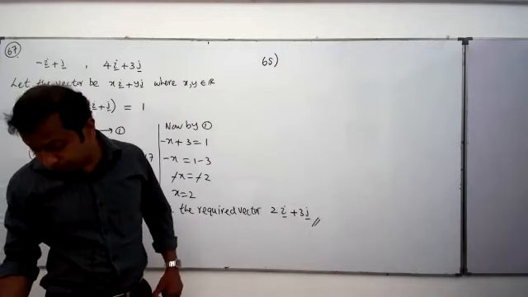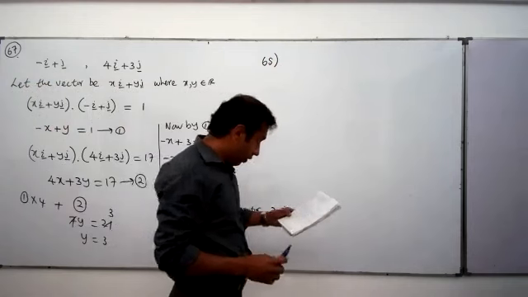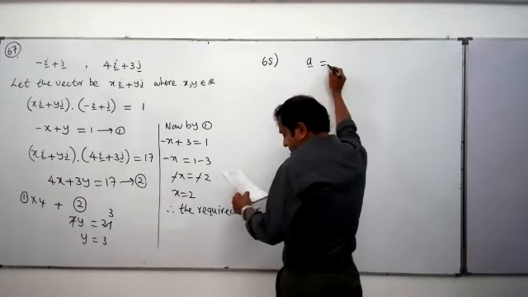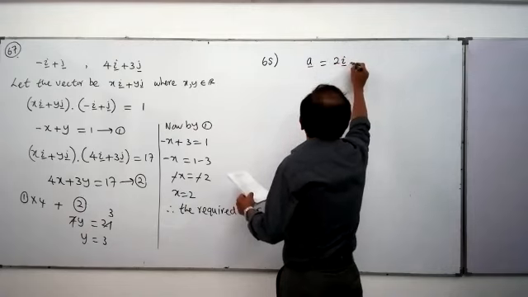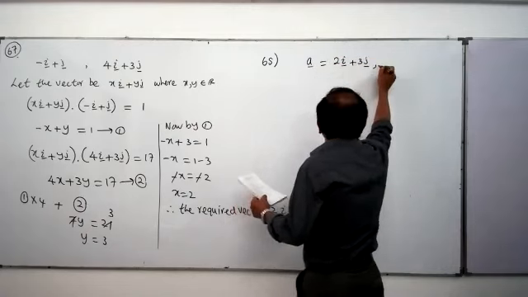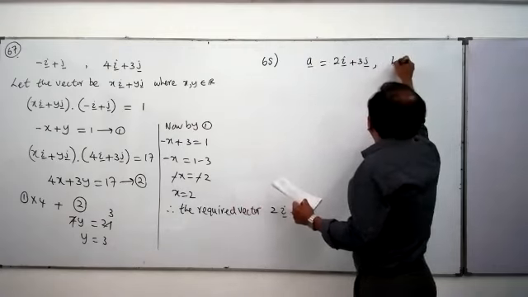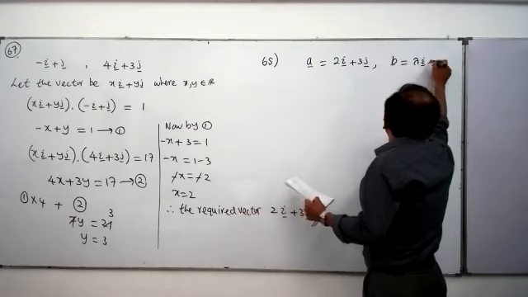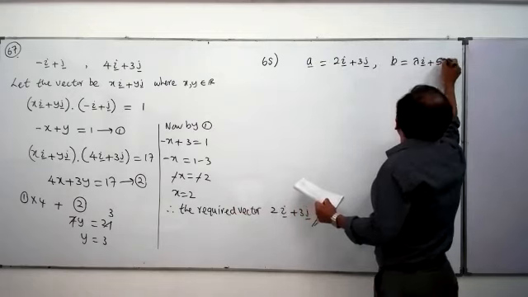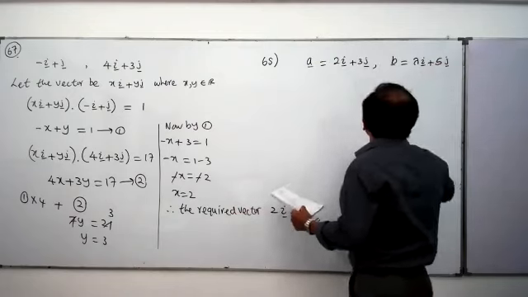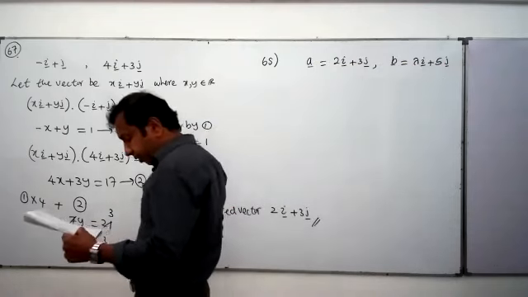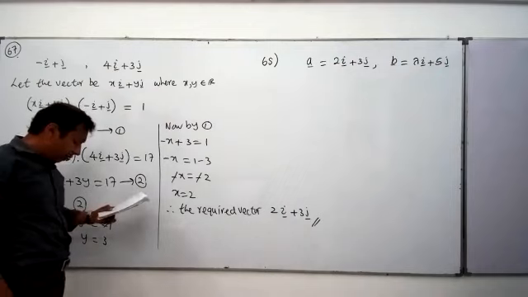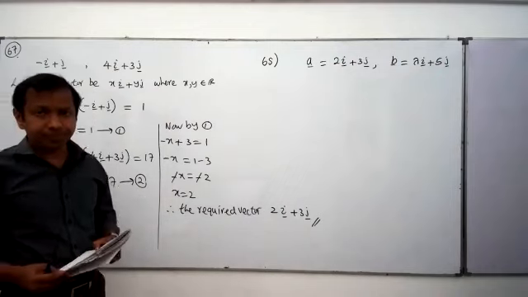It is: find lambda such that vector A, given as 2i plus 3j, and vector B, given as lambda i plus 5j. What is the question asking, people? Find lambda such that vector A is perpendicular to vector B.